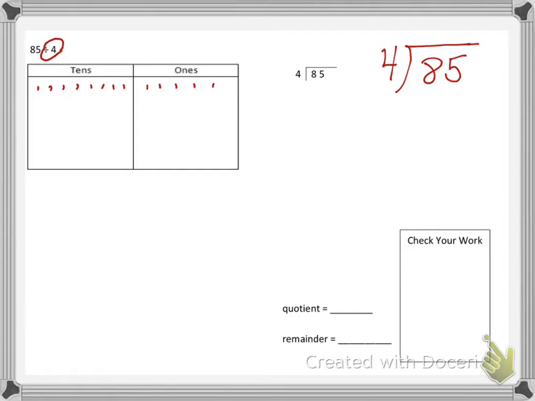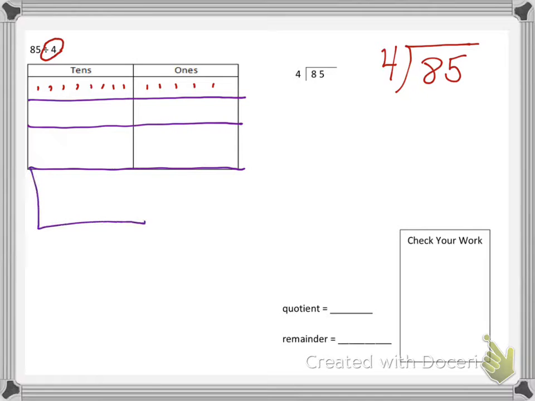So we want to set this up into 4 equal groups. So let's split this up. 1 group, 2, 3, and 4. Okay, so we have 4 groups. So we're going to take that and split up the 8.